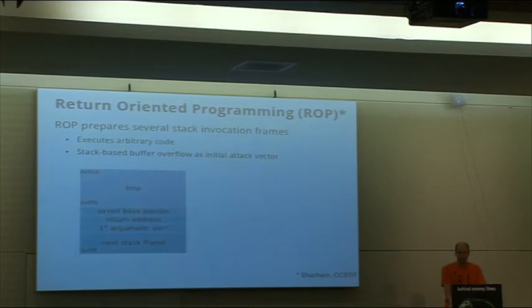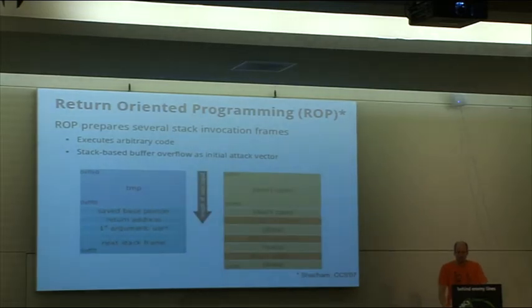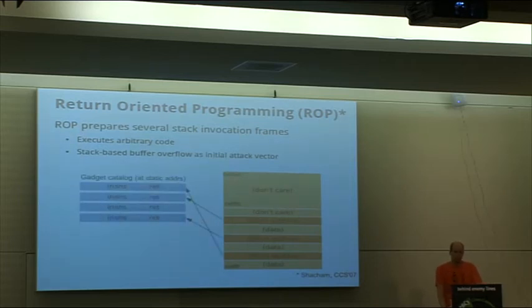So we have to take a different approach. We once again copy the input, and we now don't care about what is in the temporary array at all, but we prepare a set of return addresses to point to a gadget catalog that we pre-identified based on existing code.